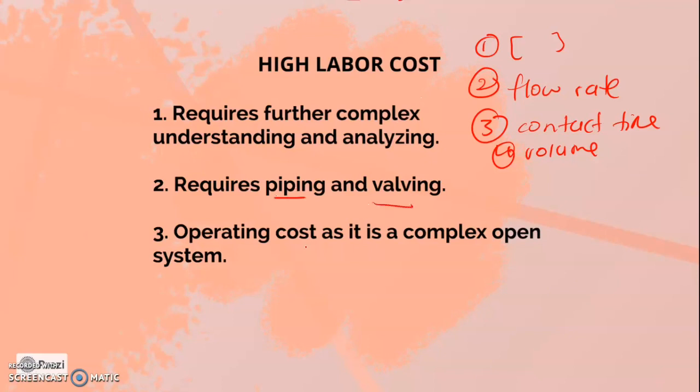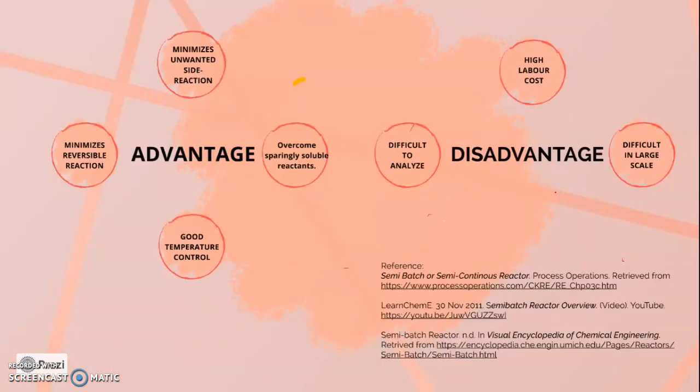It requires piping and valving, the operating cost is quite high, and it's a complex open system, because as we know, a semi-batch reactor is an open system. It's an open system because things flow into it, or product flows out of it. So it's expensive because it requires piping, valving and operation costs, which also have a close relationship with it being difficult.